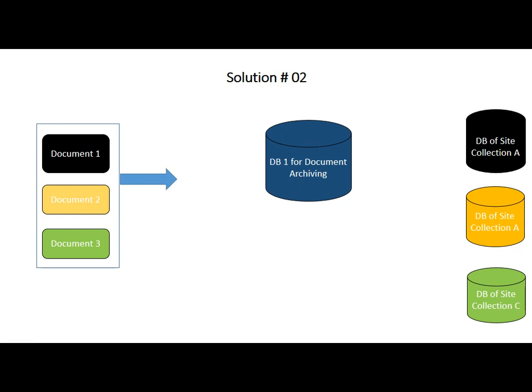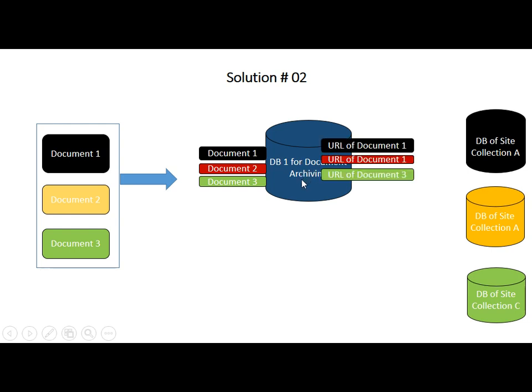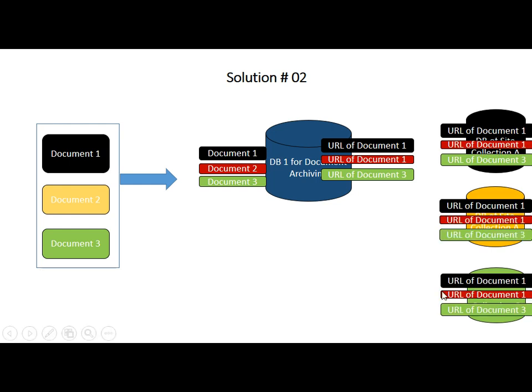Now what am I going to do? I am going to save these document copies in this document archiving database, and I am going to save the URL of these document copies in all of these site collection databases. This can greatly reduce the size of the content saved in your databases, because the size of a document is very big and the size of a URL is very small as compared to the document.